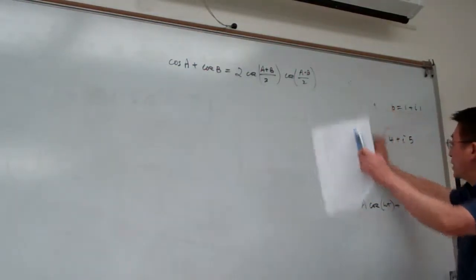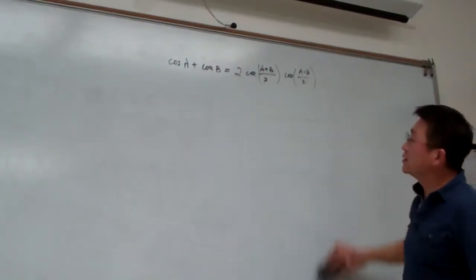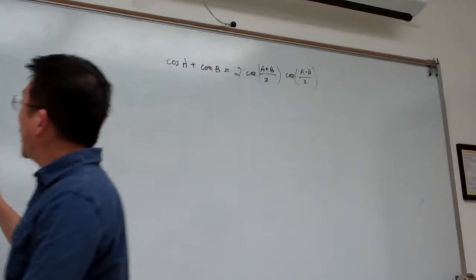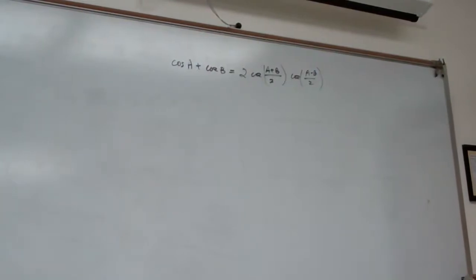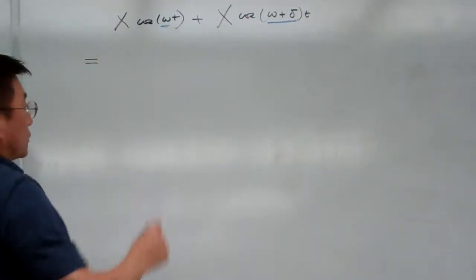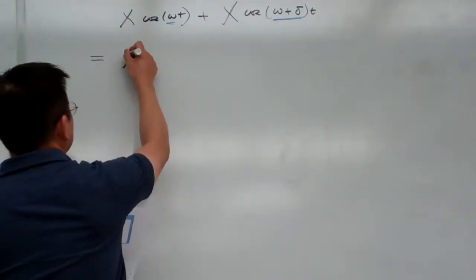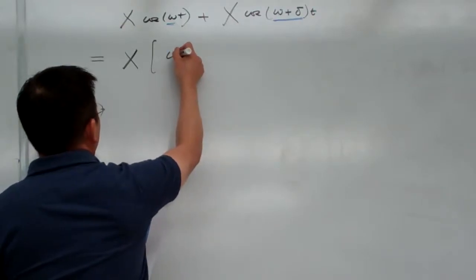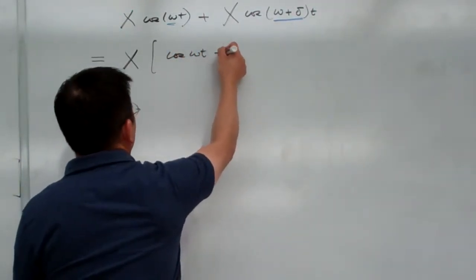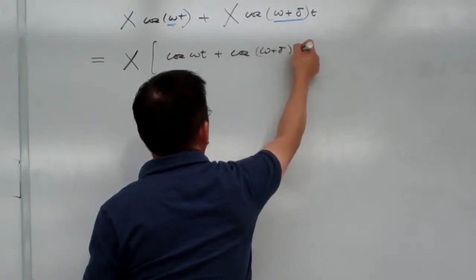For this example, I'm going to apply this equation. Right now we have two cosine functions of different arguments, so we apply that equation to X cosine omega t plus cosine (omega plus delta) t.